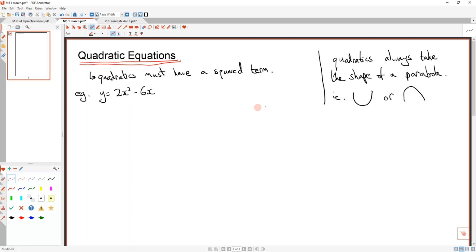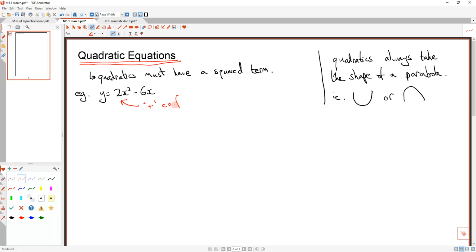Now, how can we determine whether it's going to be a happy face or sad face by looking at this? If it's positive or negative. If what is positive or negative? In front of the x squared. So this is a happy face, the 2 being positive. What's the number in front of the x squared called?